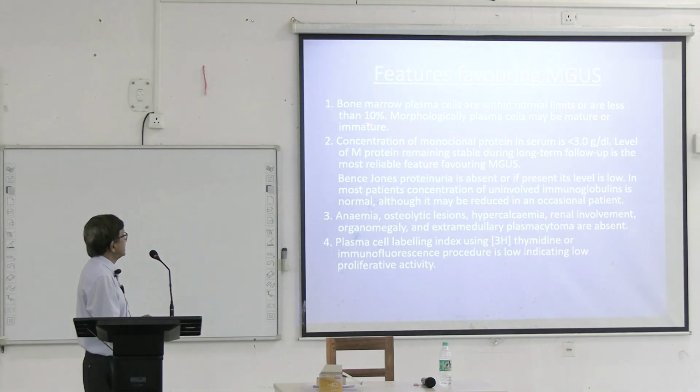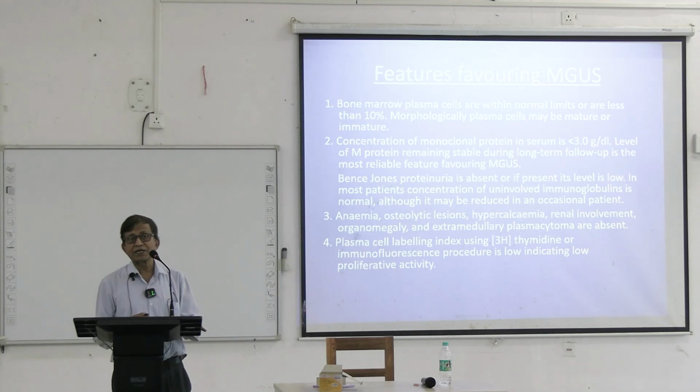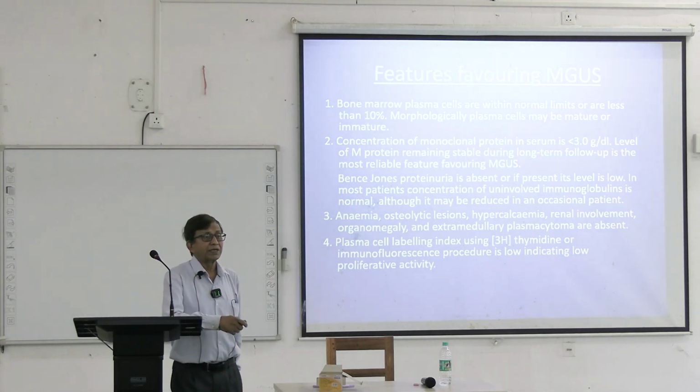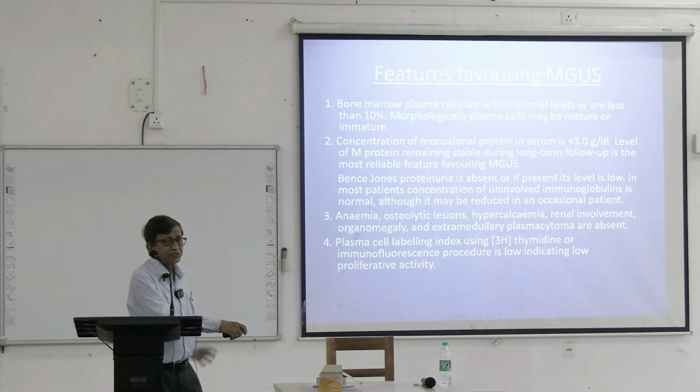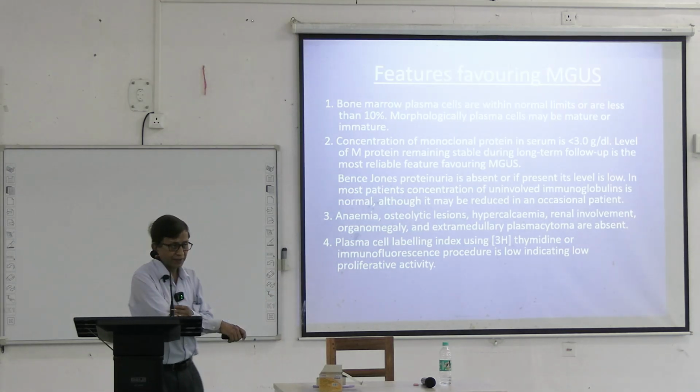Plasma cell, that is myeloma cell, percentage is less than 10. Proteins are less than 3 gram %. These two factors we always consider for diagnosing plasma cell myeloma. So it's increased, but not beyond a certain limit. MGUS.